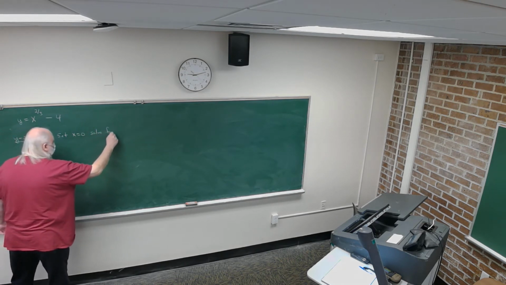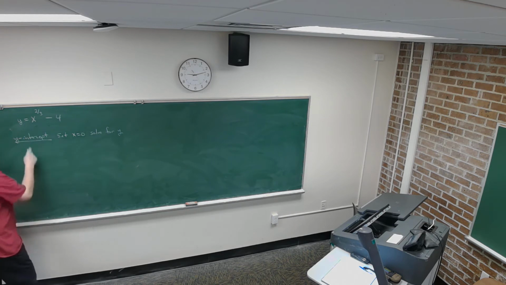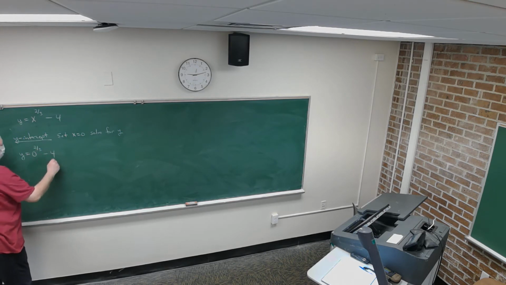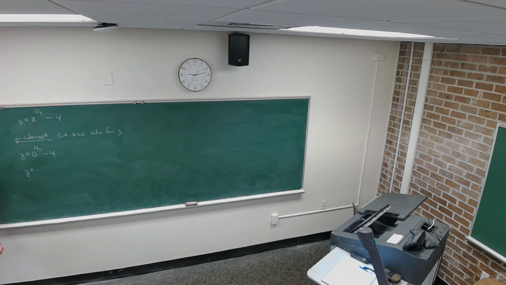So we put 0 in for x up here. y is equal to 0 to the 2/3 minus 4. And 0 raised to any real number is 0, except for 0. 0 to the 0 is undefined.